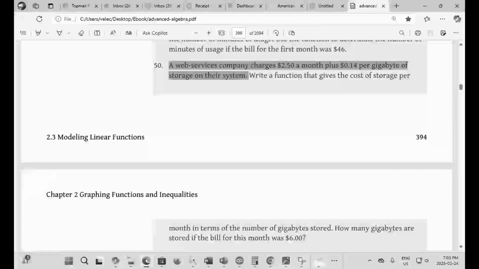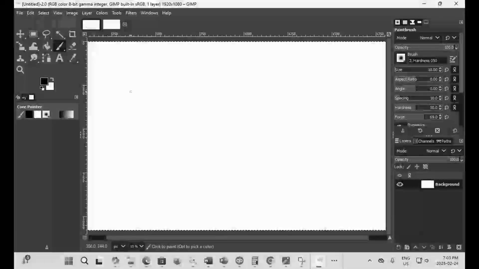Now we know that we have a variable over here, and that variable is 14 cents, so 0.14x, plus $2.50, which will be your base fee. So we can come up with an equation.